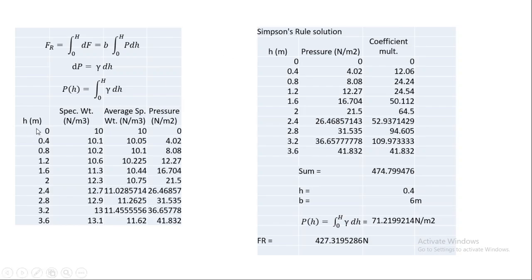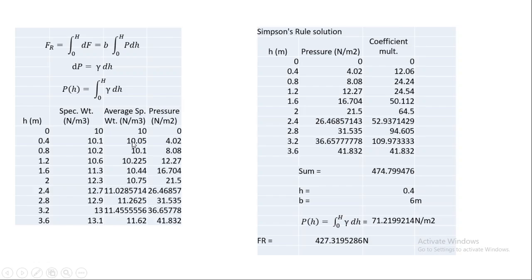For that, what I have done: this is the x value, and these are the specific weight values, the fx values. These are the average values of the specific weight. At height 0, I have taken the average of this point only.